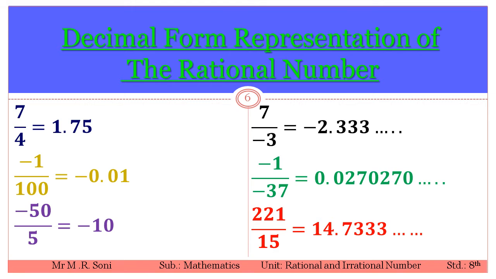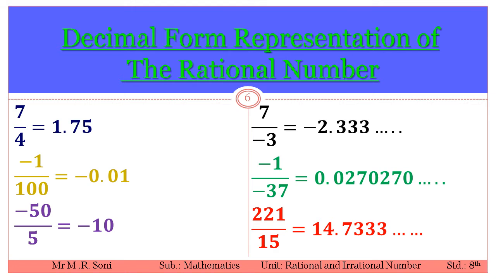Observe the examples on the left hand side. These are the examples in which the answers are terminating, which means these answers have no repeated digits.